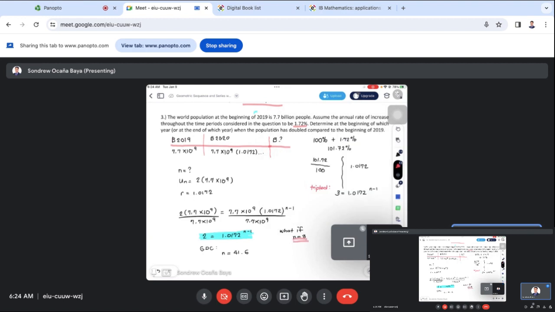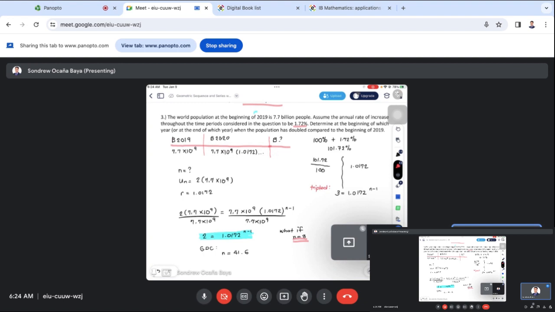So if you try to count it, n equal to 3, 2019, that's count 1, 2020, that's count 2, 2021, that's count 3. In other words, if your n is 3, you just have to add 2 to 2019, or we just have to subtract 1 from 3, and that amount will be the one added to 2019. If you were confused, rewind my explanation.